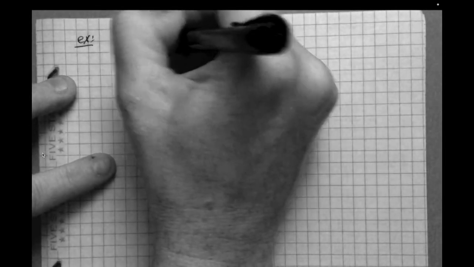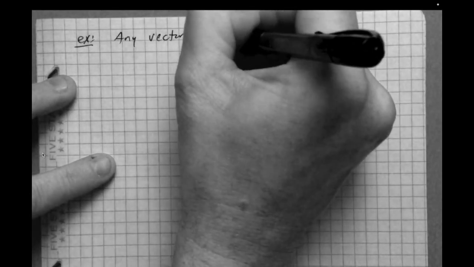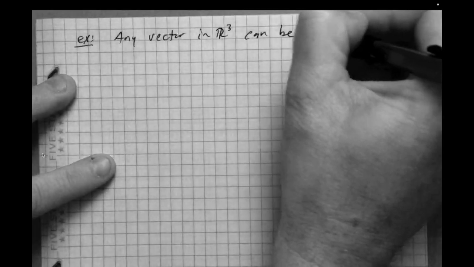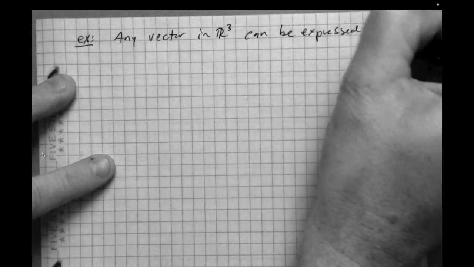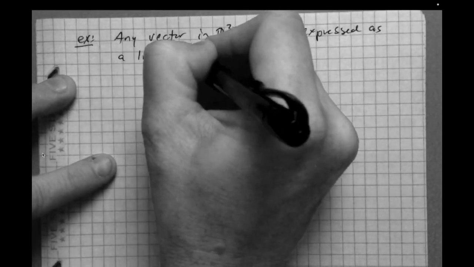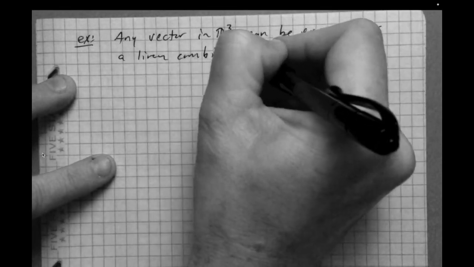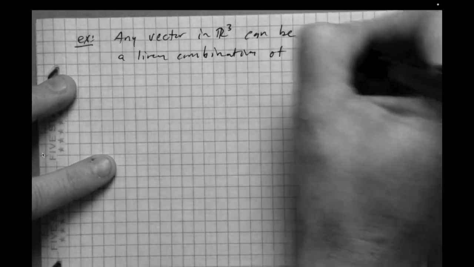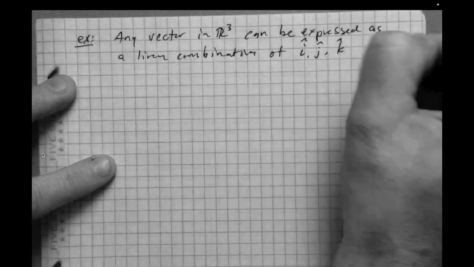And one more example. This one will be very helpful. Any vector in R3 can be expressed as a linear combination of i, j, k, the standard unit vectors.